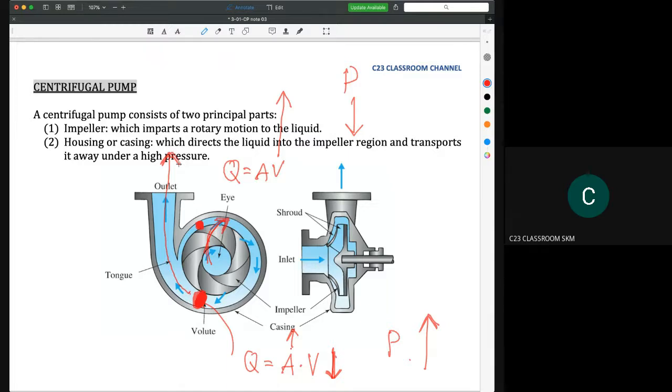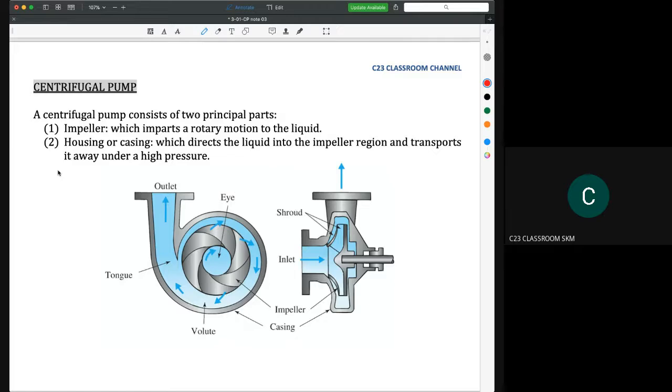So if you need to explain the structure of a centrifugal pump, please make sure that you explain the design of the volute, because this is the most important point when explaining the centrifugal pump.